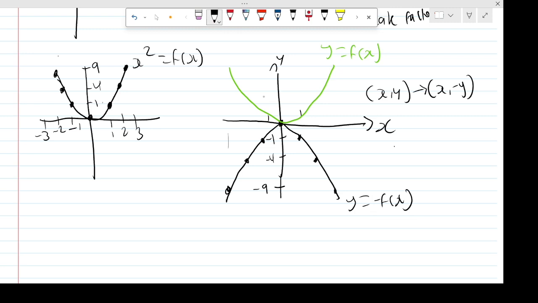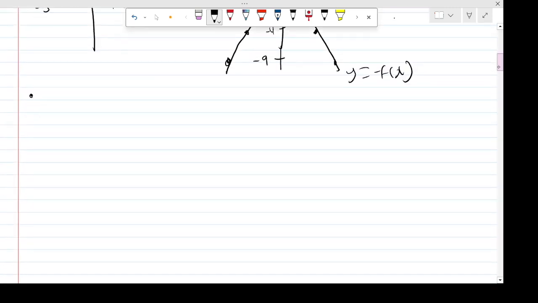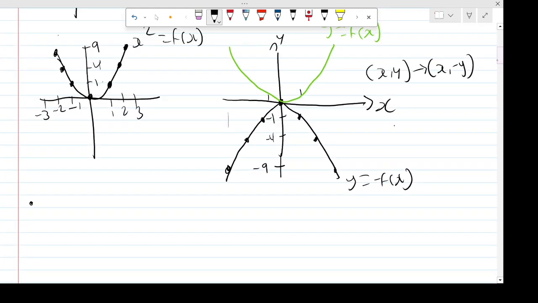So what we have here is, if we have y is -f of x, yes, that means we multiply the y coordinates by -1.